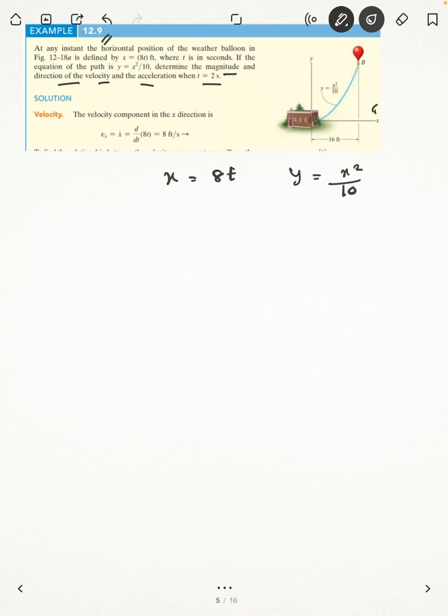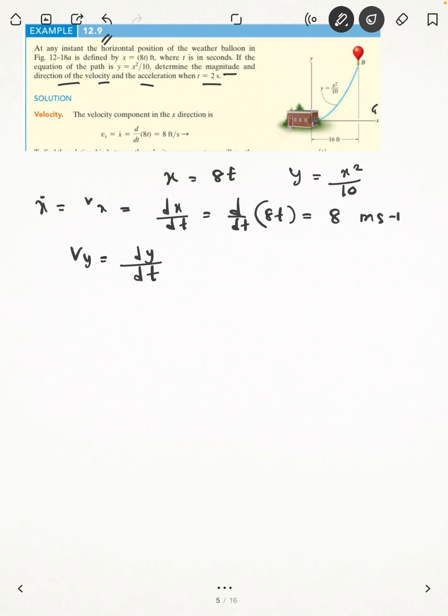First of all, we are given x, so I can write vx, or x dot, as dx by dt. Our x is 8t, so d by dt of 8t would be only 8. So 8 meter per second is our velocity in the x direction. Now we need to find the velocity vy, that is dy by dt.